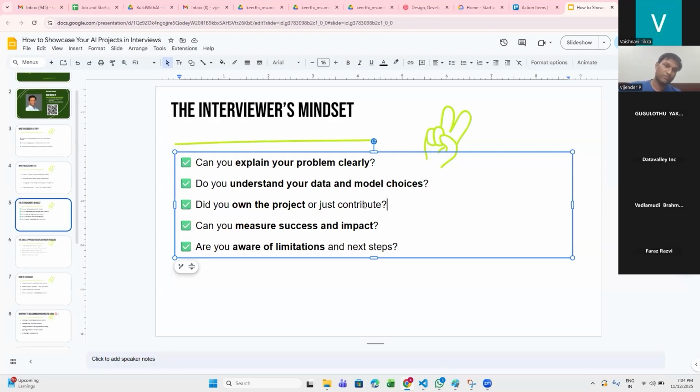We look for who is owning the project, because that gives me a good sense that you are someone who can take projects, own projects and do it, rather than somebody just telling you what to do and you take a small piece and do it. Because I don't know if they only told you and you did it, or whether you thought on your own and did it, right?